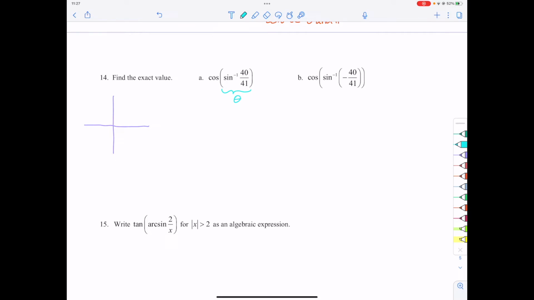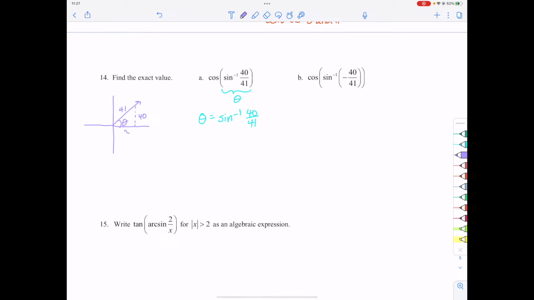So we are going to say theta equals the sine inverse of 40 over 41. And so now we can go over here and draw that on our sketch here. So we have theta, that's that theta. We have 40 and we have 41. So I've just drawn a typical triangle.